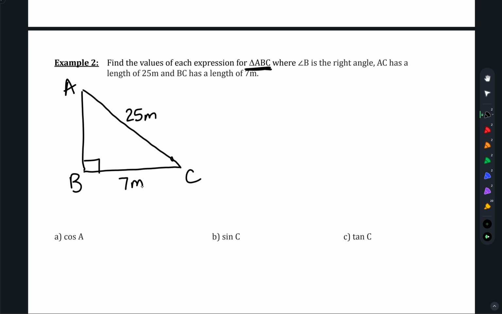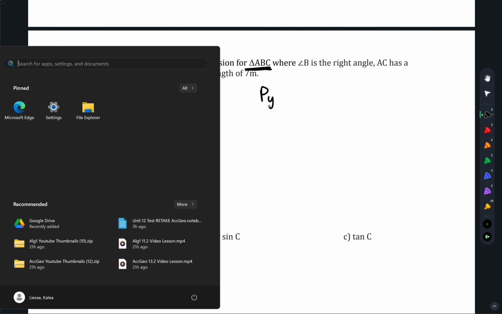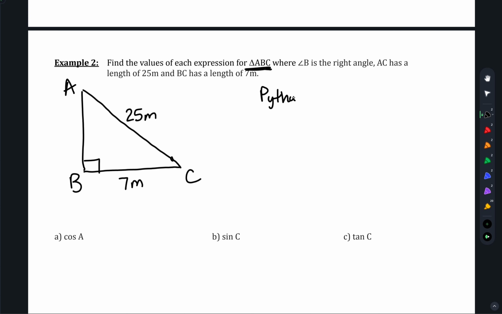The difference between this diagram and the one we just did is I only have 2 of the sides. How do I find that third side? Pythagorean theorem. Perfect. So Pythagorean theorem, if you forgot, is a squared plus b squared equals c squared, where c is my hypotenuse. So what's that setup look like for me here?